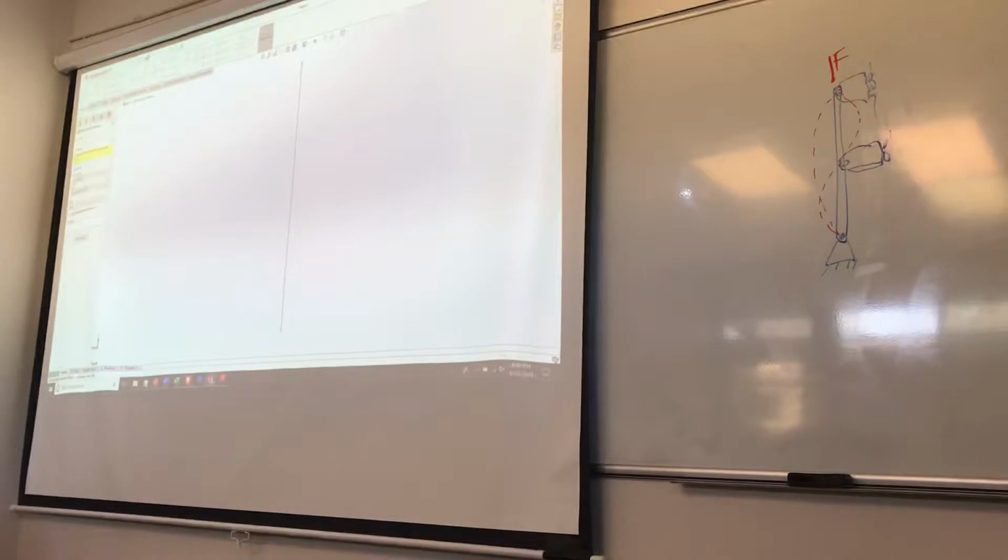Let's go for some rectangular tubing. What size do we want? How about 10 by 5? That sounds like a nice one. 5/16 wall, that's a fine size there.